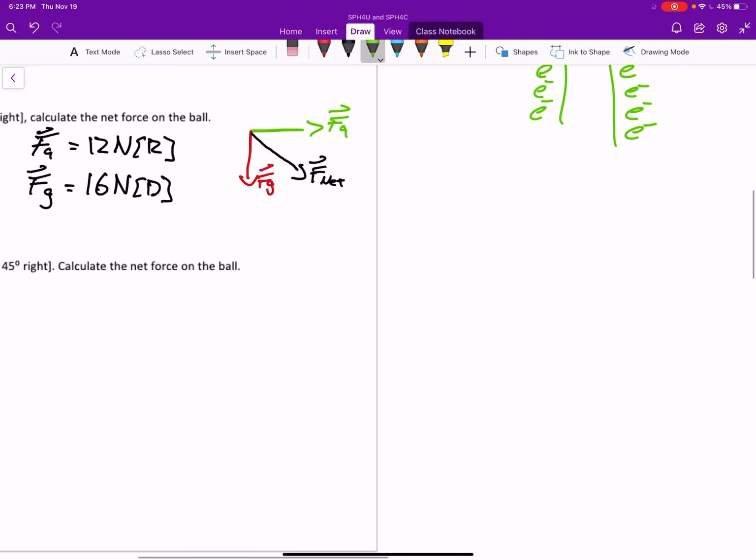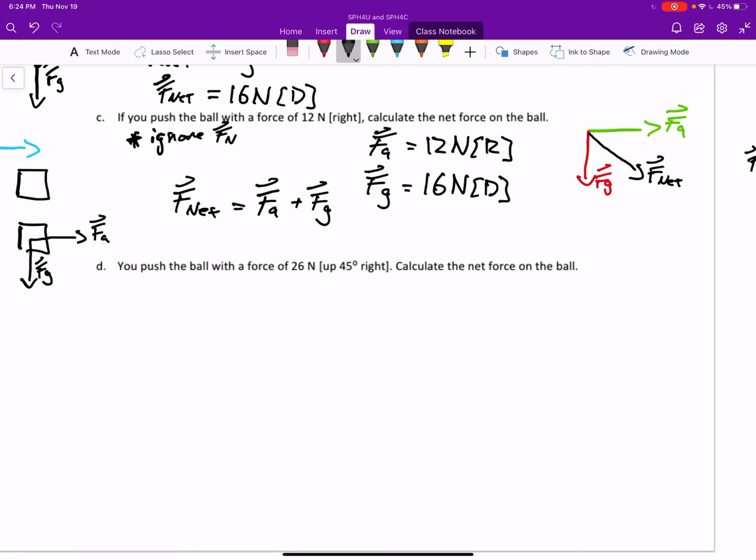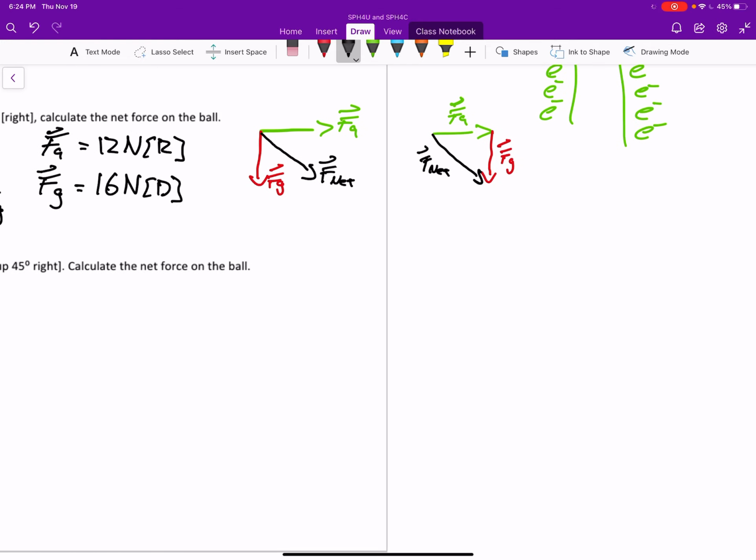Redraw the triangle, we could say that the applied force is here, but then we can put the force of gravity. We could draw them tip to tail, like we're supposed to do. And then our net force will be the sum of those two. So here's our vector addition again, right? So you notice that the net force is adding them together. That comes from vector addition.